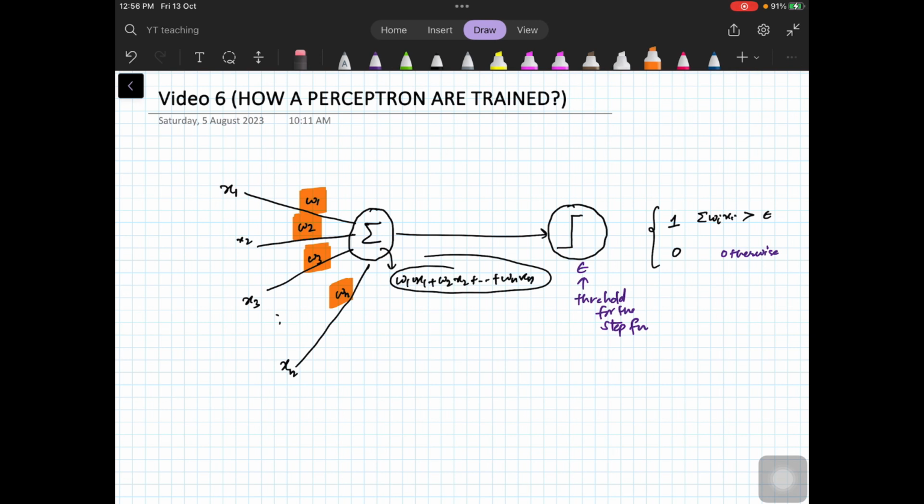You want your perceptron to learn from that data, and then for the data for which you don't have the output, you ask your perceptron to generate the output for those data points. So learning means finding optimal values of the weights. That's what learning is.